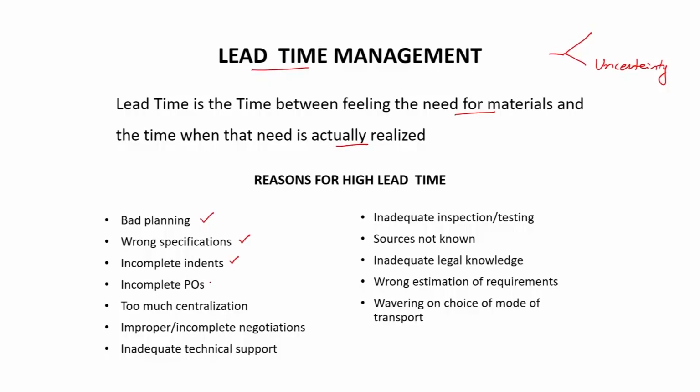That can be one reason. Incomplete POs and too much centralization, improper or incomplete negotiation, inadequate technical support, inadequate inspection and testing, sources not known, inadequate legal knowledge, wrong estimation of requirement, wavering on choice of mode of transport, etc. These are some of the reasons which can be there.